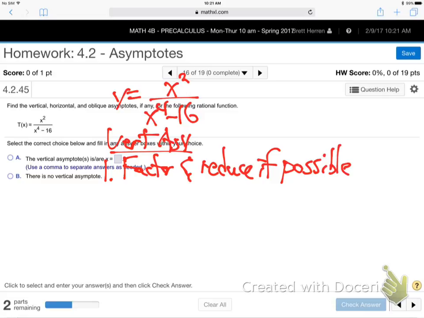This one's not going to reduce. You could factor that bottom, x squared plus 4 times x squared minus 4, then break down the minus, not the plus, so x plus 2, x minus 2. It's never going to cancel with anything in the numerator, so let's not bother. You only do that if something's going to reduce.